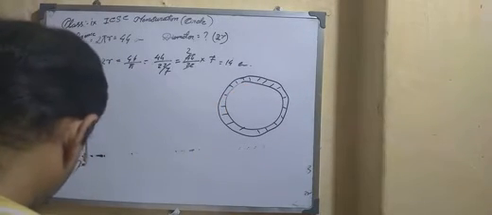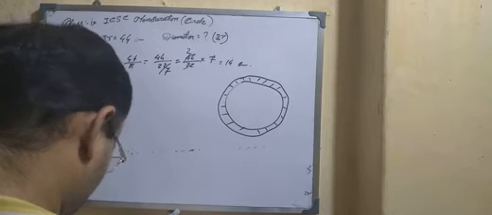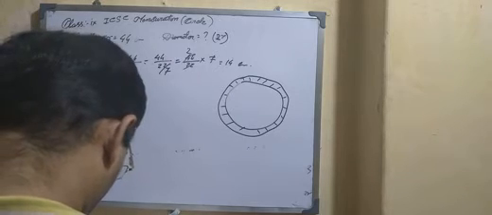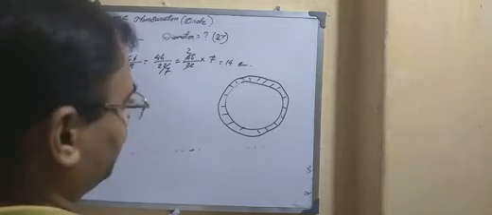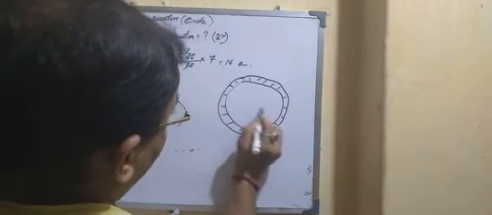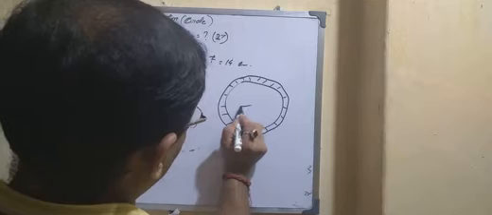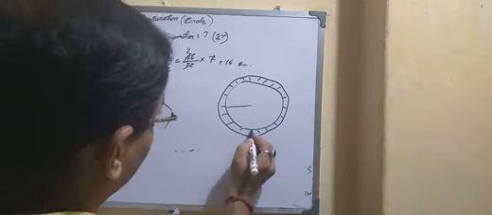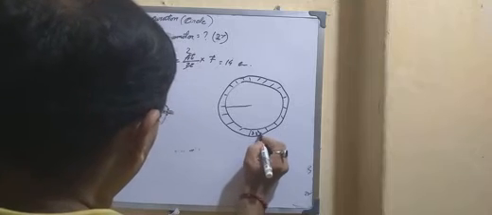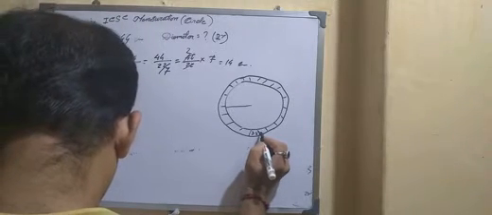Okay, so what is given also? Circumference is 44 meter. The circumference of this portion is 44 meter, and this is 3.5 meter.